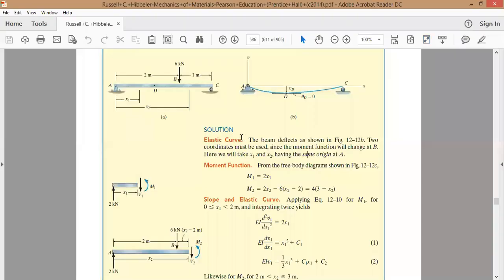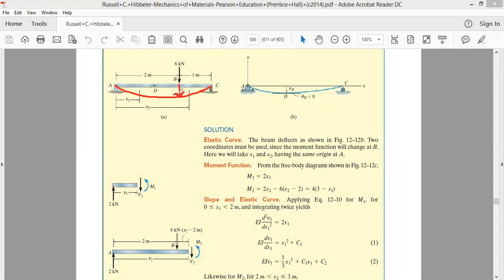Then if you look at the point which is at a distance of 2 meters, at this very point, the deflection curve has to be a continuous curve going from x is equal to A to x is equal to C. So if you look at the point B, which was initially here, now because of deflection it has moved here.